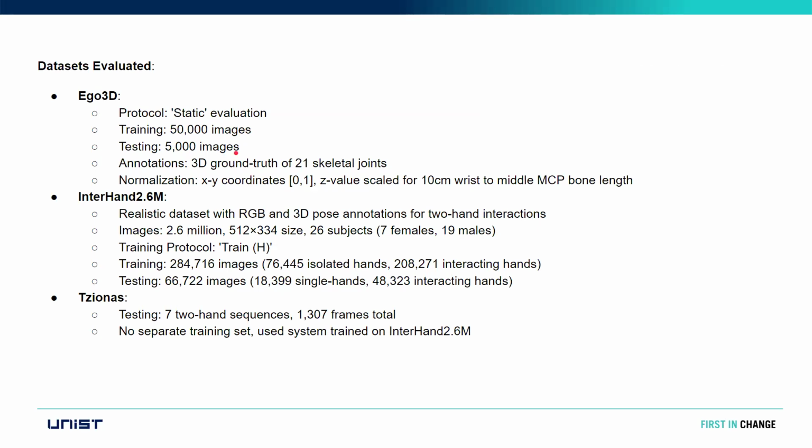Here are some details about the data they use. They use data from these three datasets, including Ego3D. For training it's 50,000 and for testing 5,000. The annotation on this dataset is 3D ground truth of 21 skeletal joints.